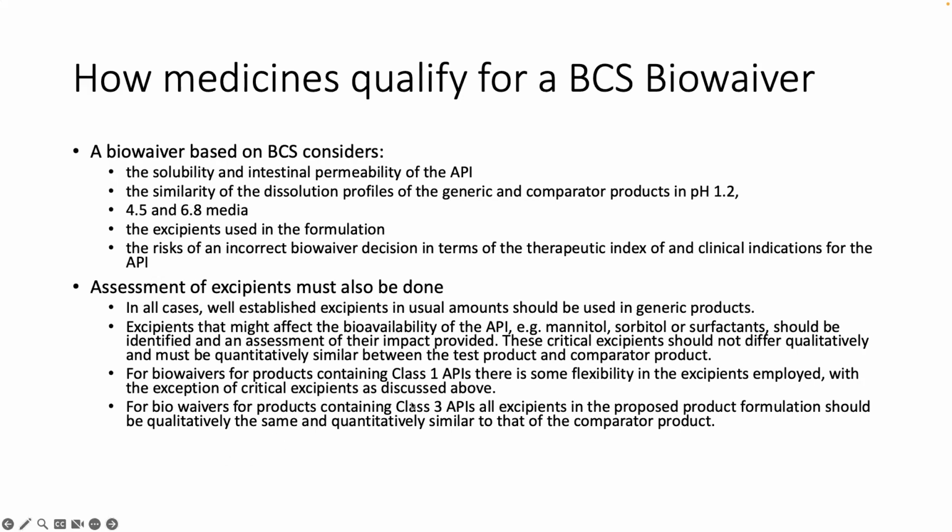For those containing class 3, which is at the tail end, all the excipients should be qualitatively the same and quantitatively similar to that of the innovator, because if there are large differences, it can further worsen what we have in terms of the high solubility, which may be affected, and will be compounded by the low permeability, resulting in very different bioavailability of the medicines.